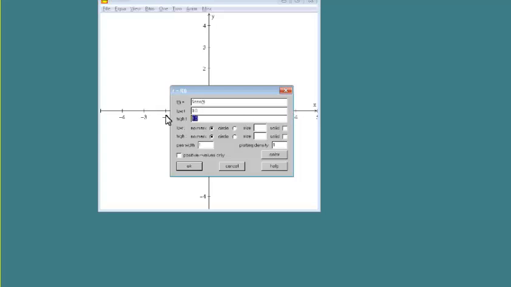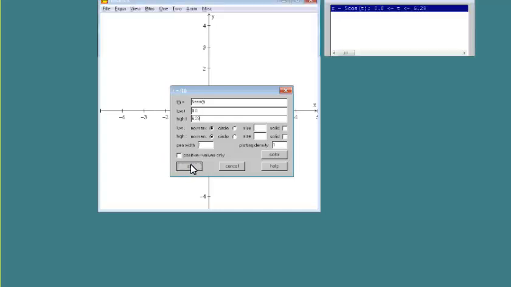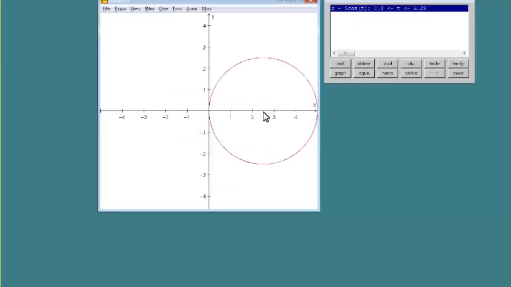We go from 0 to 2 pi, which is 6.28. We say OK, and we're expecting a circle that is offset to the right-hand side of the origin. And there it is. So the center is at 5 halves, which is 2.5, and it has a radius of 2.5, so one part of the circle just touches the origin.